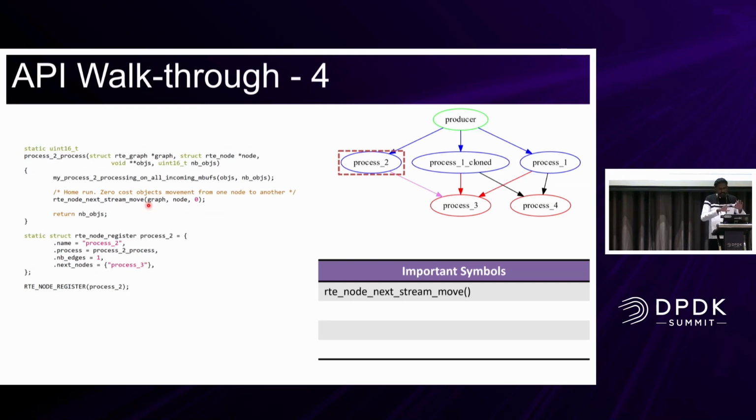But typically we assume the best case, that all the packets are going to the downstream node, and then just use the stream move to get it there. So that is basically exploiting the case where a given set of packets may have similar flows.